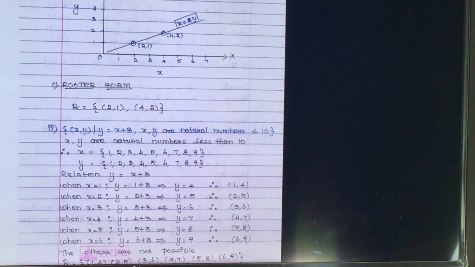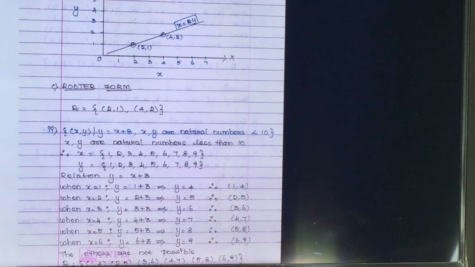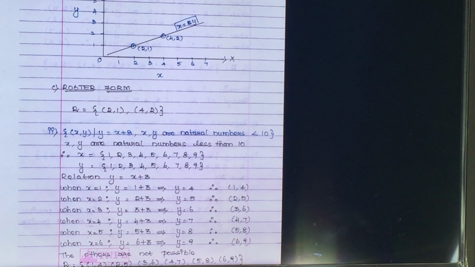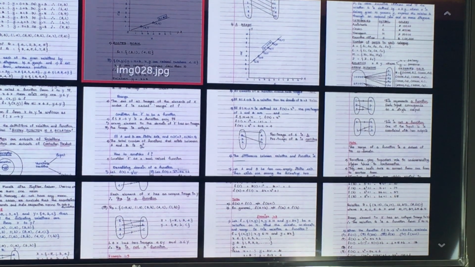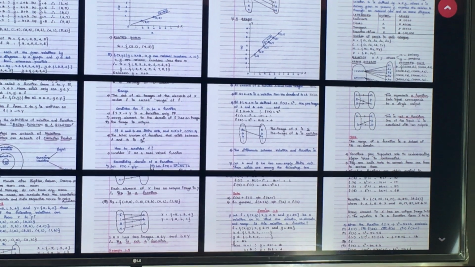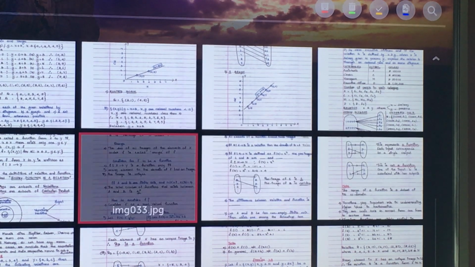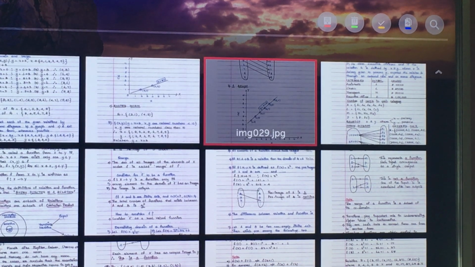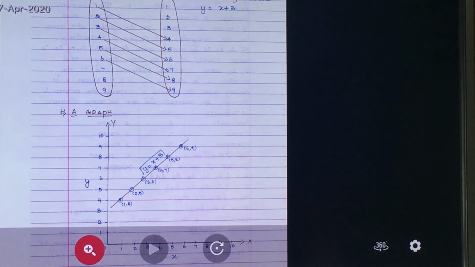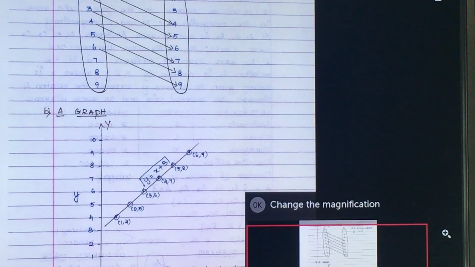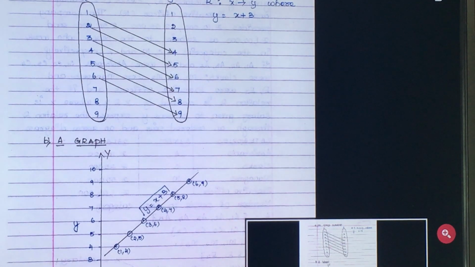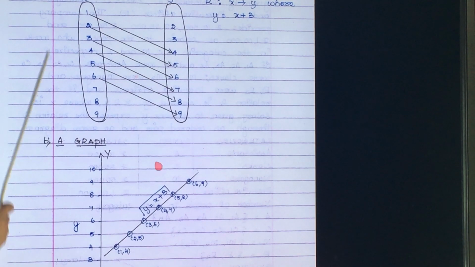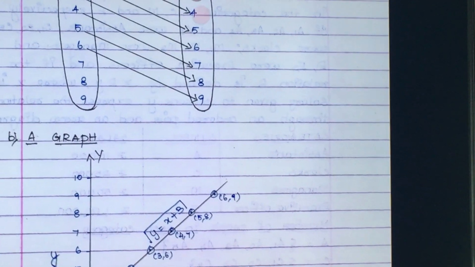Now, let us see how to represent this. So, here we are getting the arrow diagram.